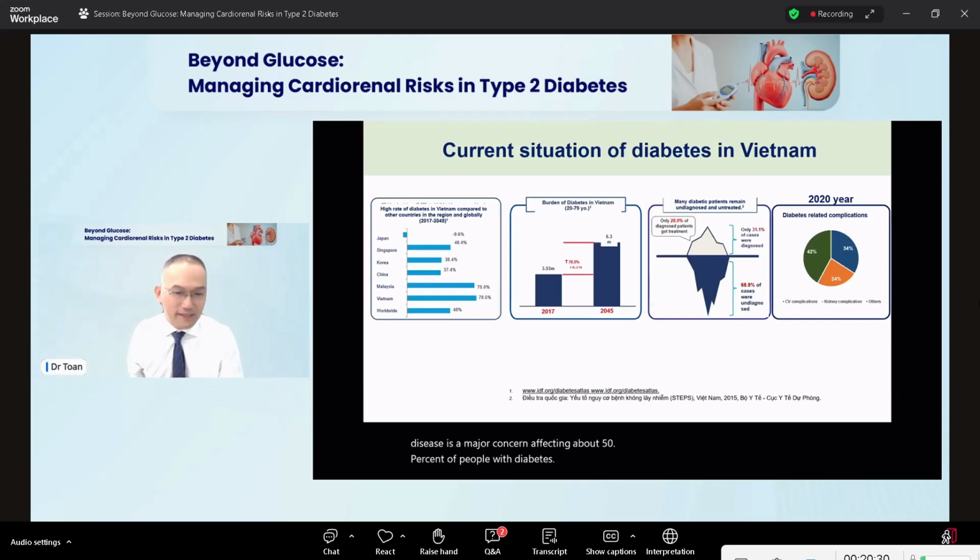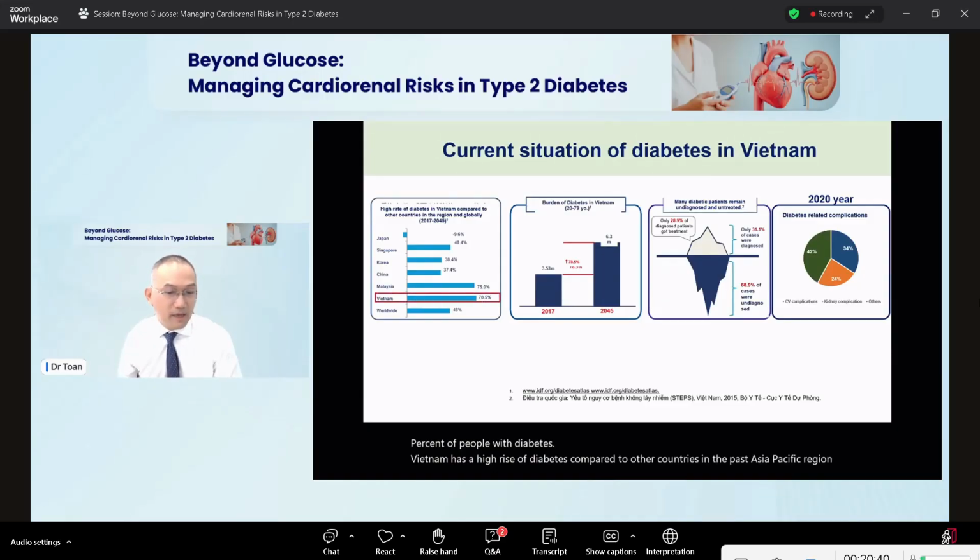Vietnam has a high rate of diabetes compared to other countries in the Asia Pacific region and globally. From 2017 to 2045, the prevalence is projected to increase by 78.5%, meaning the number of people with diabetes in 2045 will be nearly double that of 2017.